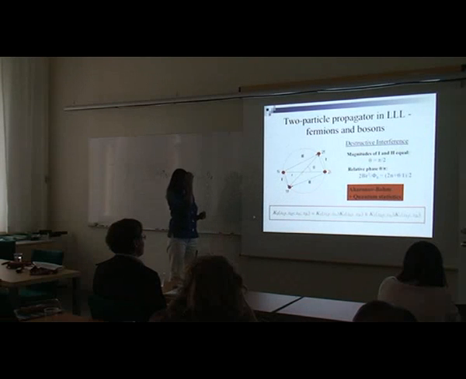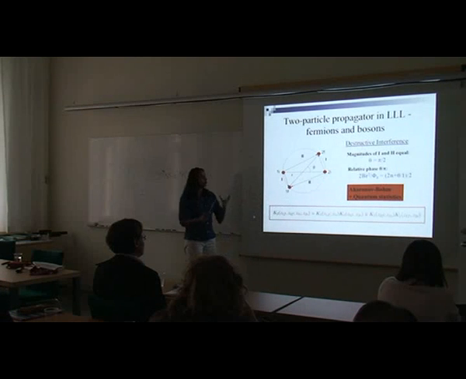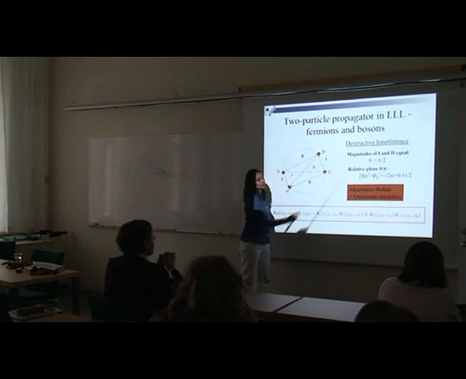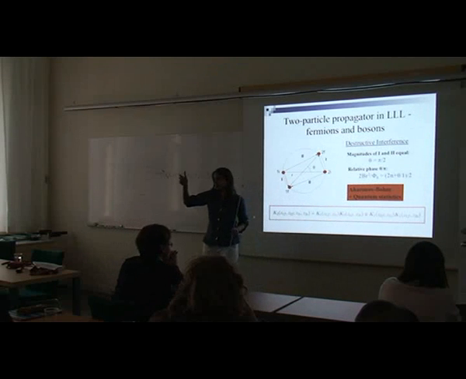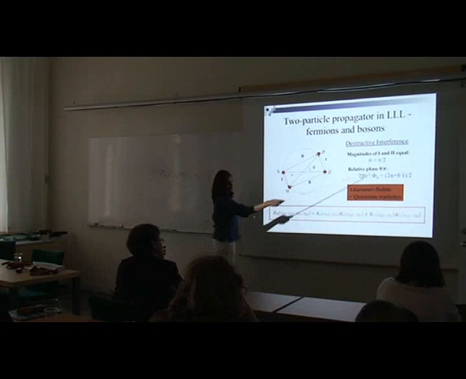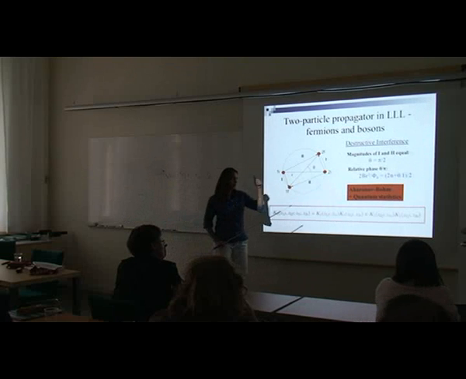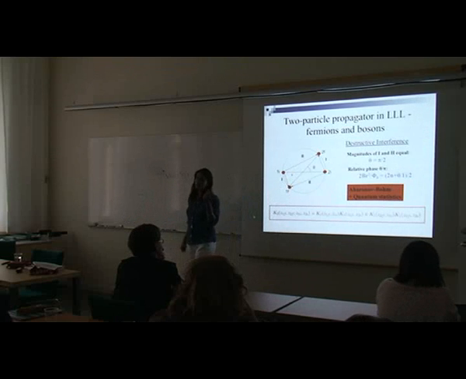And the special radii at which that happens correspond exactly to the radii at which the Aharonov-Bohm flux passing through this, plus the statistical angle, has to equal pi. So for fermions and bosons, where this destructive interference happens gives you information about the Aharonov-Bohm flux and also about the statistics.